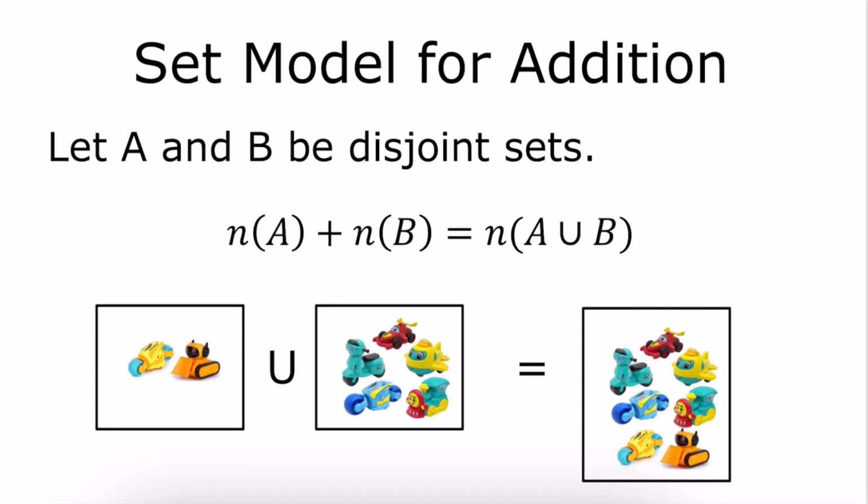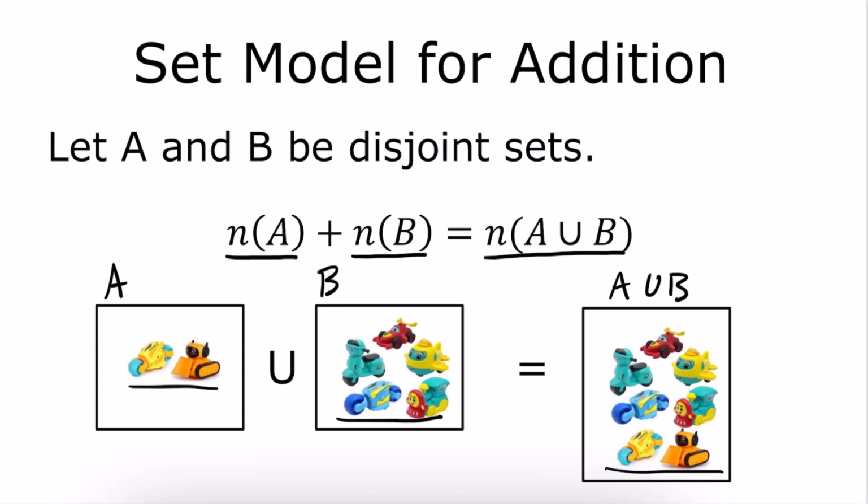The formal definition is: if you let A and B be disjoint sets, then the number of items in set A plus the number of items in set B will equal the number of items in the set A union B. For example, if set A is the set of these 2 toys and set B is the set of these 5 toys, when I union those 2 sets together, I get this new set, which is A union B. The number of items in set A equals 2, the number in set B equals 5, and the number in A union B equals 7.